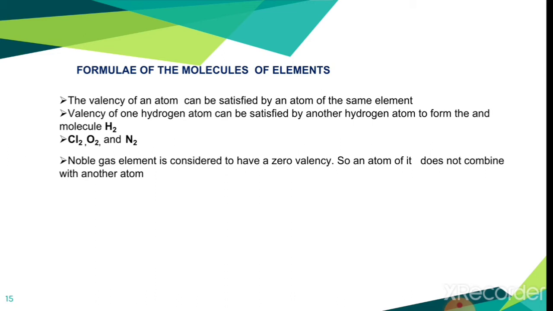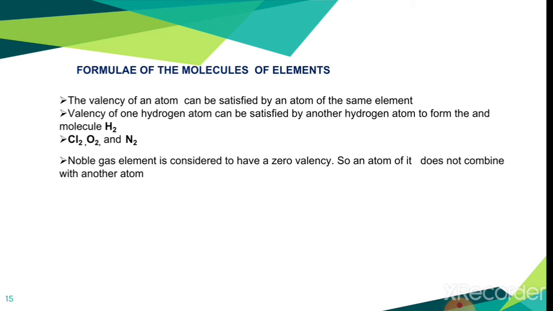Similarly, in the case of chlorine, to form Cl2, and O2 and N2, etc. That is, the valency of an atom can be satisfied by an atom of the same element, then it forms the formula of the molecule. That is, the valency of H can be satisfied by an atom of hydrogen itself.